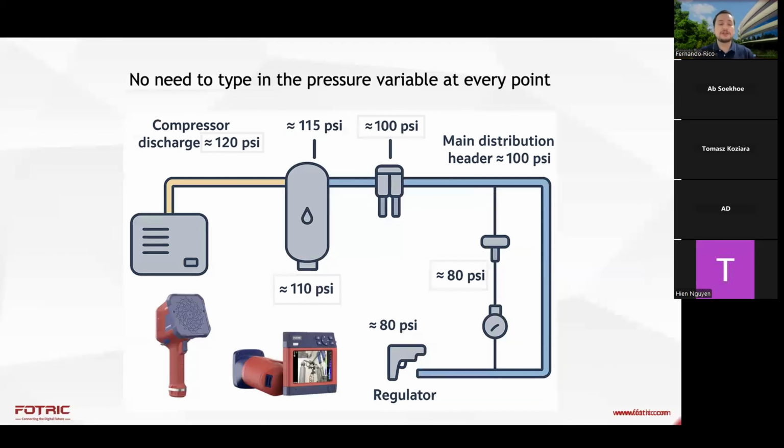And by using FOTRIC acoustic cameras, again, you don't have to worry about what the pressure is. Sometimes, as I mentioned, you will see 120, 115, 100, 80, and that's not something that you have to worry about. I've heard stories of people using other acoustic cameras or acoustic guns, finishing, creating a report and saying, Mr. Customer, we have found $20,000 worth of leaks that if you fix, you could save that much money in your energy bill.